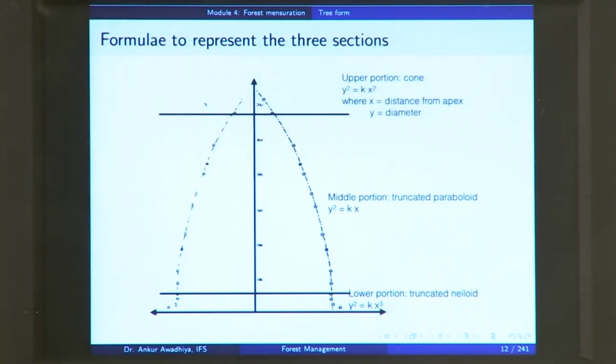So, while Metzger's theory is able to explain to some extent the form of a tree, it is not completely able to explain why these different portions have different equations of the form.